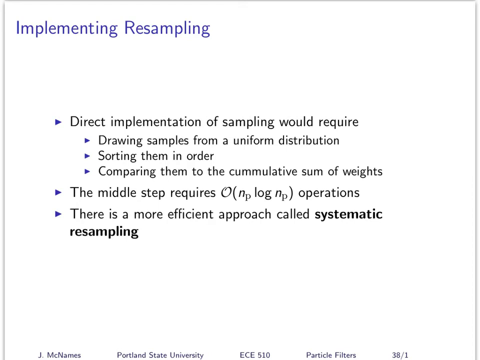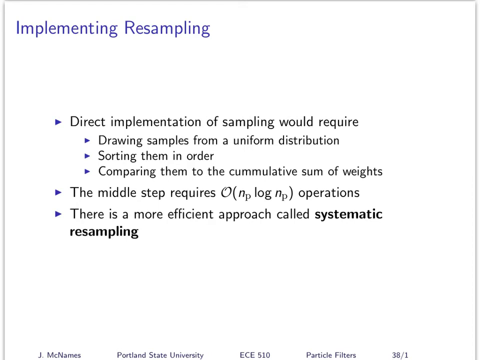One way of doing this is to draw a bunch of samples from a uniform distribution, sort them from smallest to biggest, and compare that to a cumulative sum of the weights. This is one way of doing it, and rather than explaining even how this works, I'm going to explain how it actually is implemented in a way that's much more efficient.